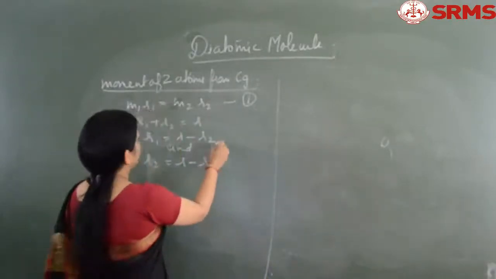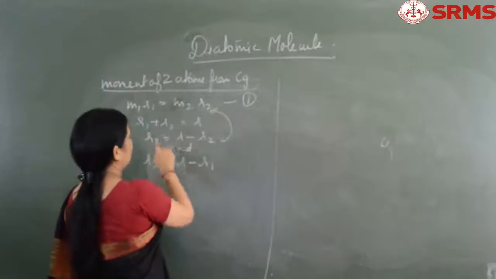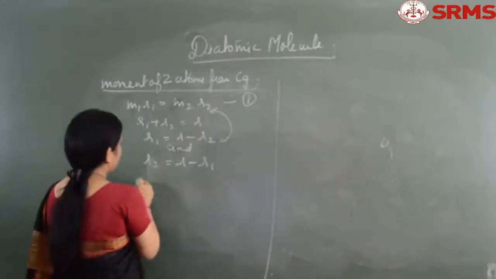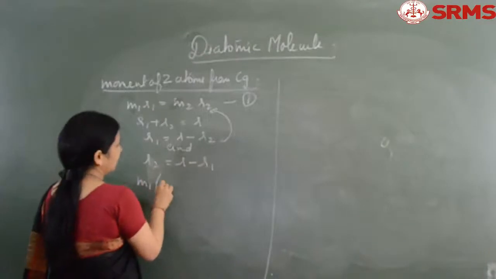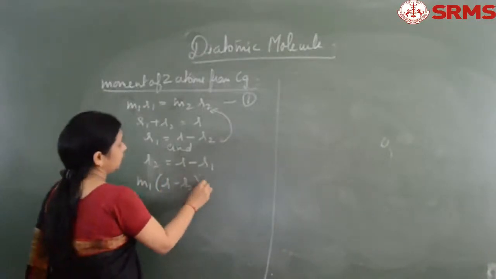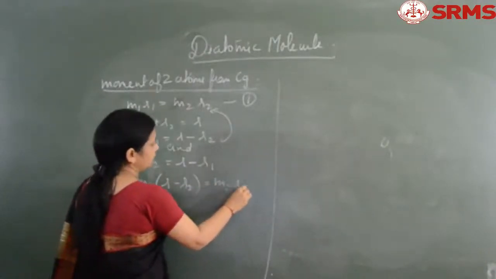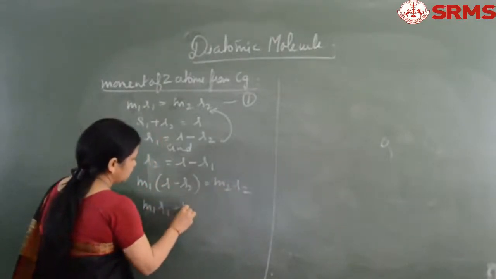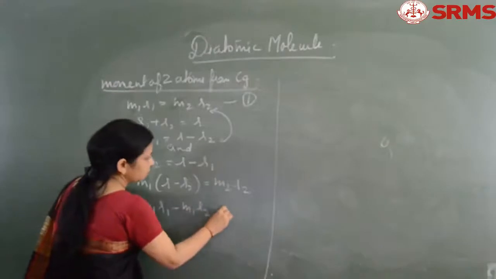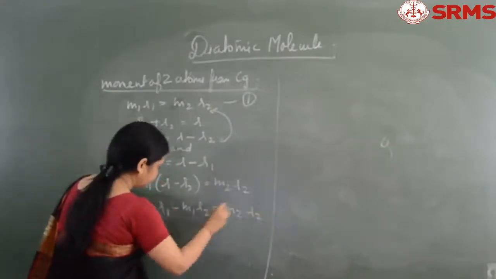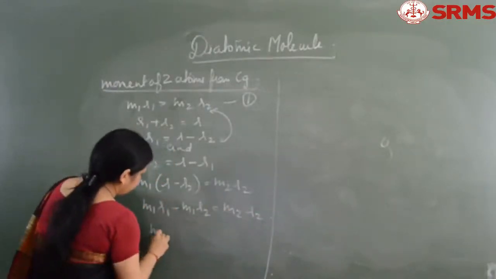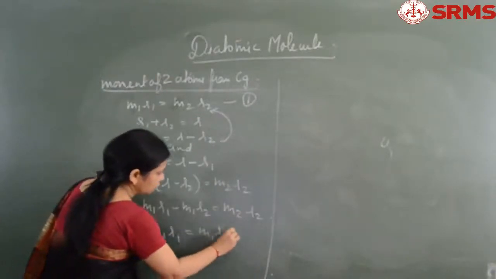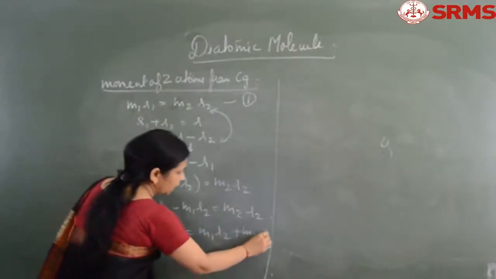So if I put this value of r1 in the first equation, I get m1 (r minus r2) is equal to m2 r2. So when I solve it, m1 r minus m1 r2 is equal to m2 r2. So m1 r is equal to m1 r2 plus m2 r2.